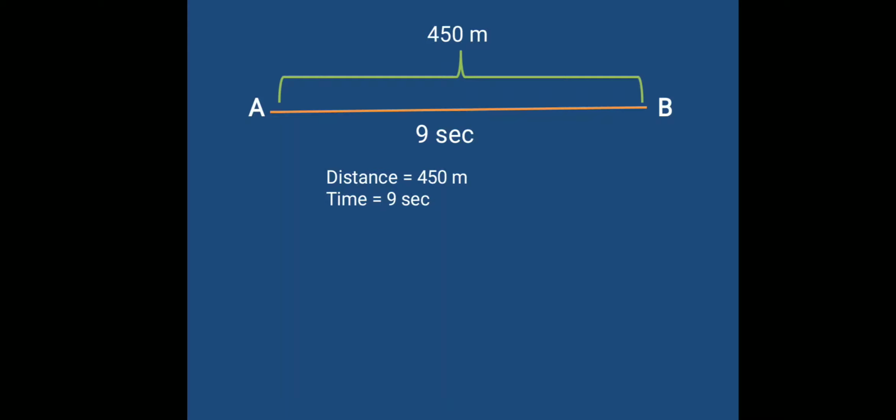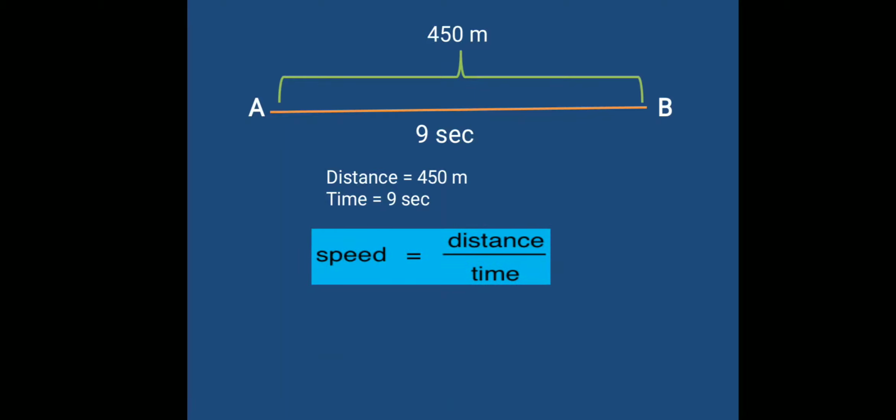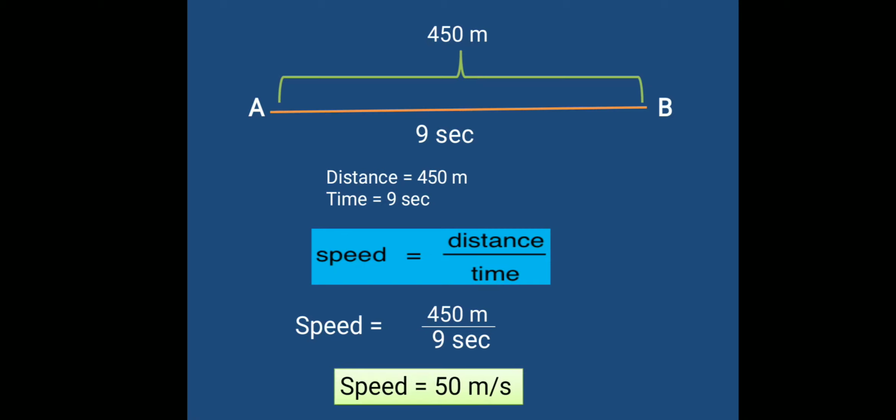Here, the total distance covered is 450 meters and the time required is 9 seconds. We know the formula: speed is equal to distance upon time. So, speed is equal to 450 meters divided by 9 seconds. After calculating this, we'll get speed equal to 50 meters per second.